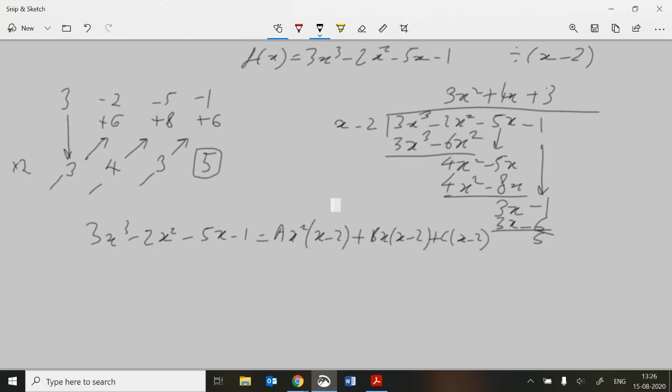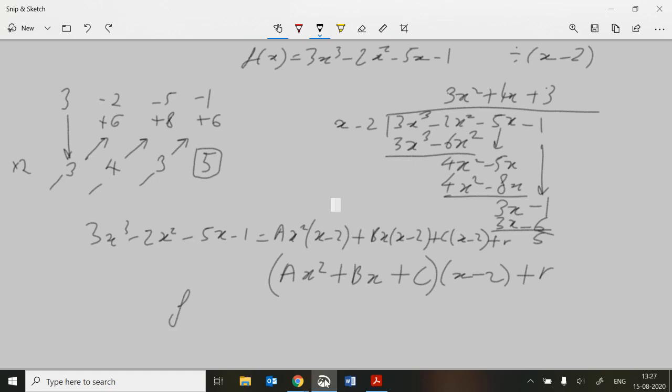Now, where has that come from? That's come from me saying we've got ax squared plus bx plus c multiplied by x minus 2, our factor. And then what we're forgetting here is our plus r, and r in this case is just going to be a constant term on the end. So where's this coming from?